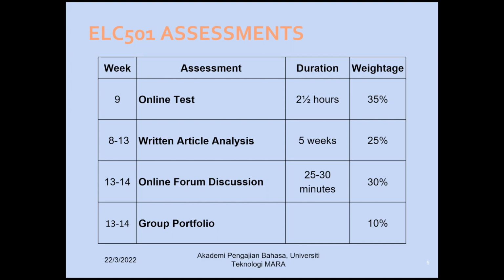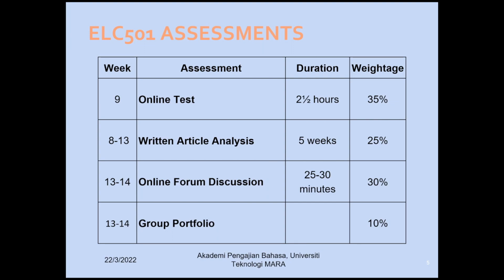Right, for this course, you have 4 different assessments. The first one is an online test on week 9, which is 2.5 hours with 35%. So this is your first assessment on week 9. For the second assessment, you will be starting from week 8 until week 13. You will be doing a written article analysis for 5 weeks, which totals around 25%.